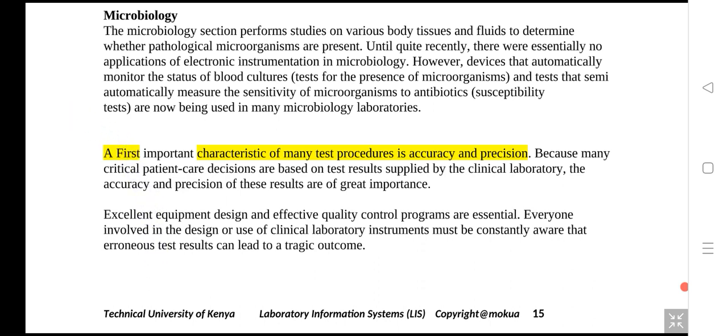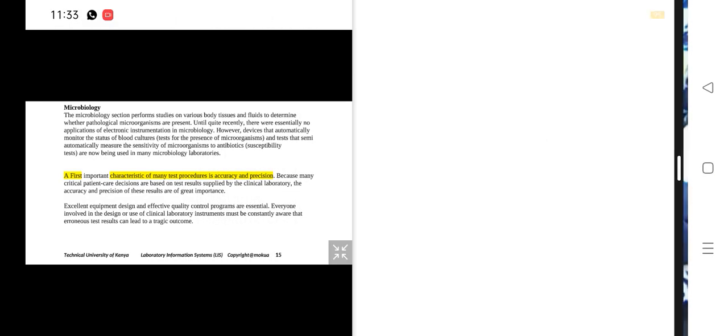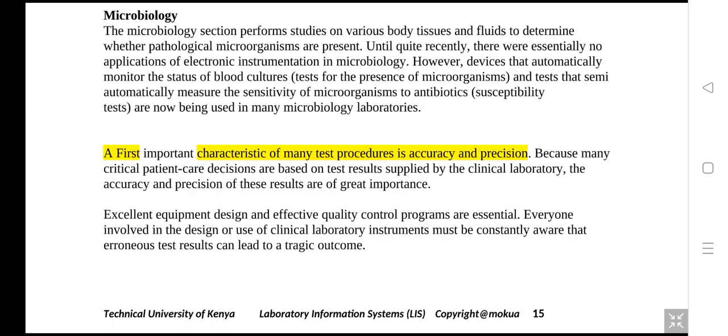Take the measuring of platelets, where you know the given range. If you give wrong information, what is the range of platelets?